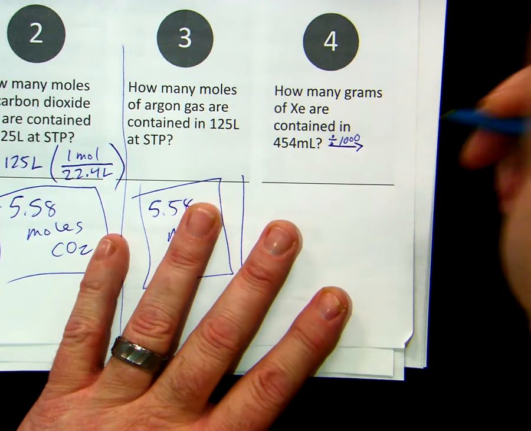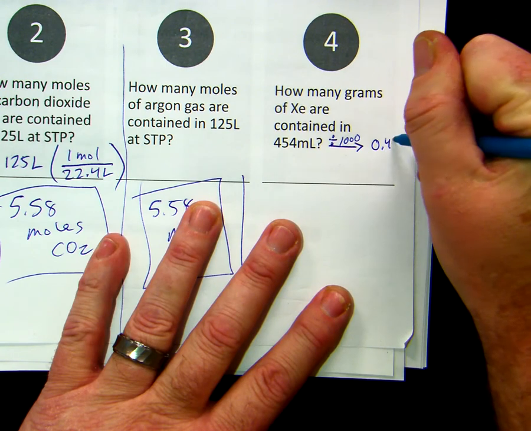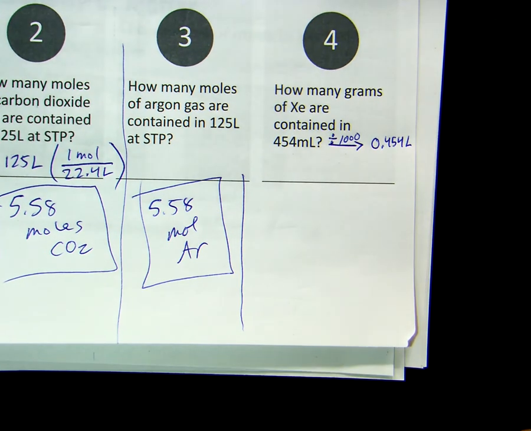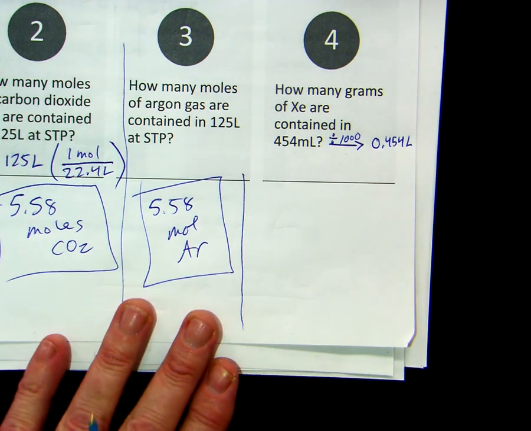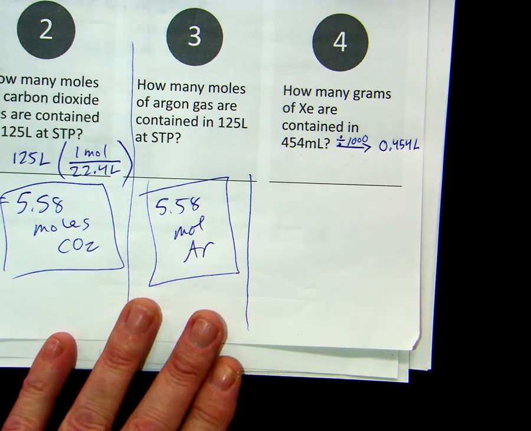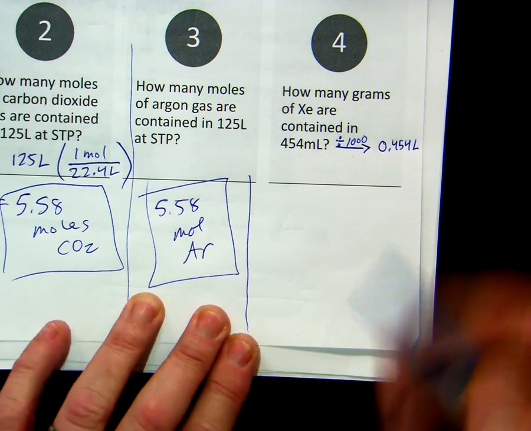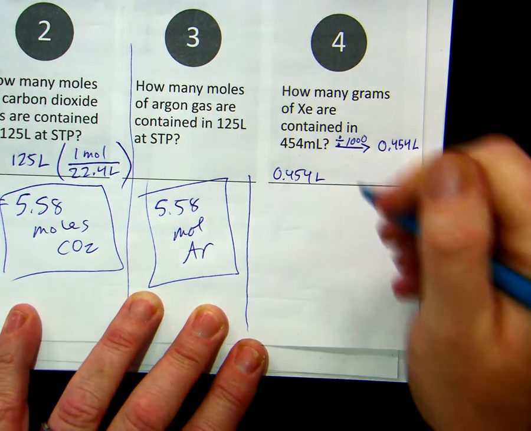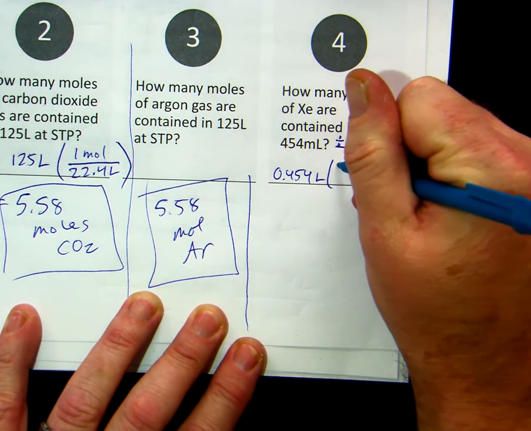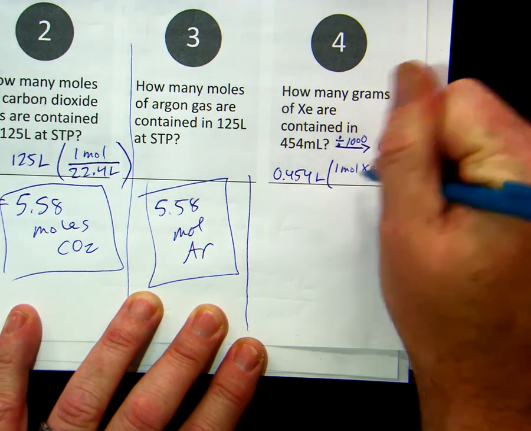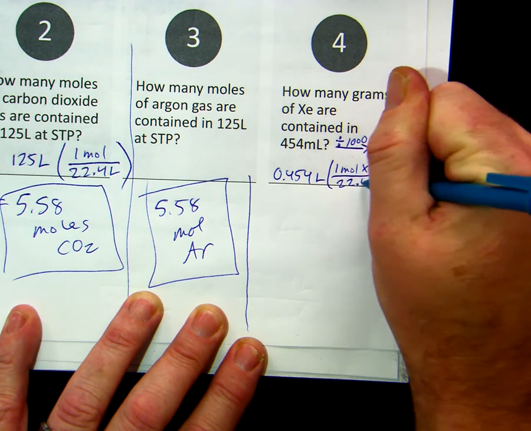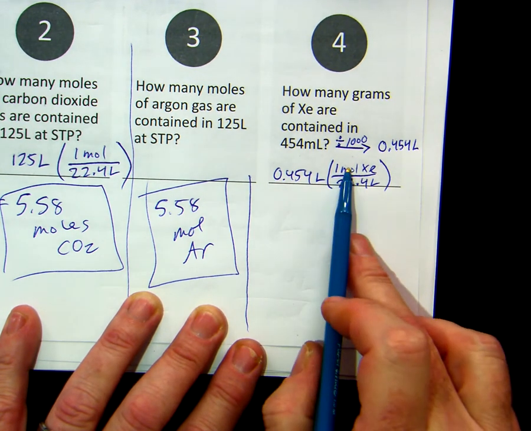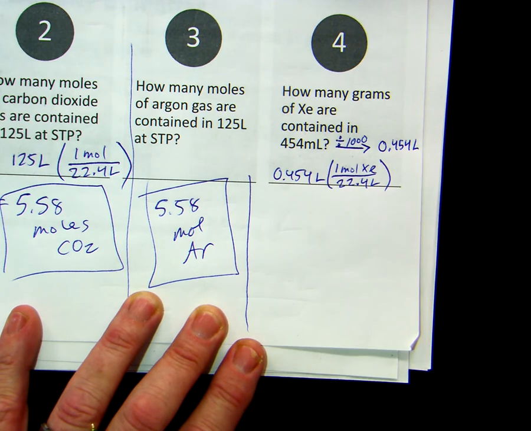So this is actually 0.454 liters. I need units of liters before I can use my molar volume. So I have 0.454 liters, and in 1 mole of xenon, 22.4 liters.